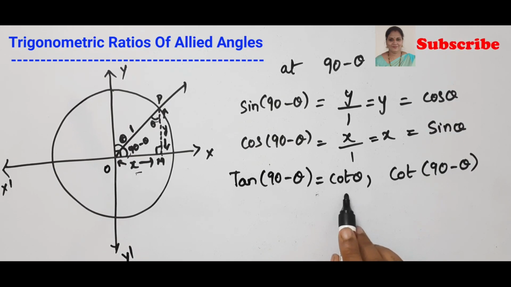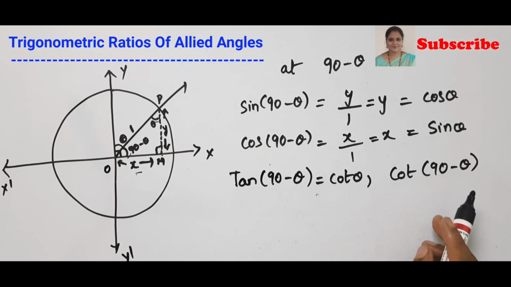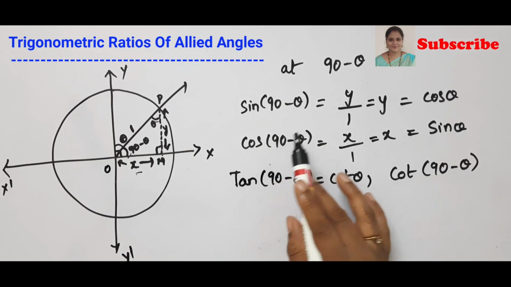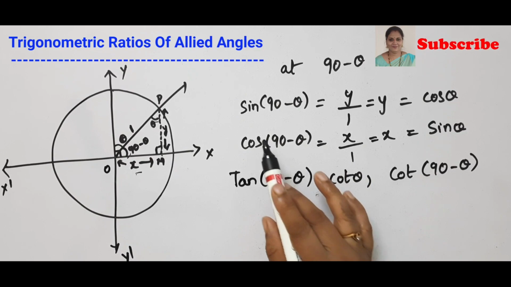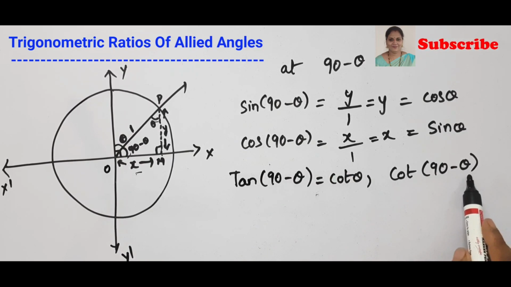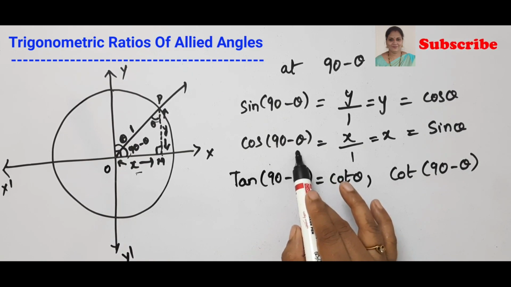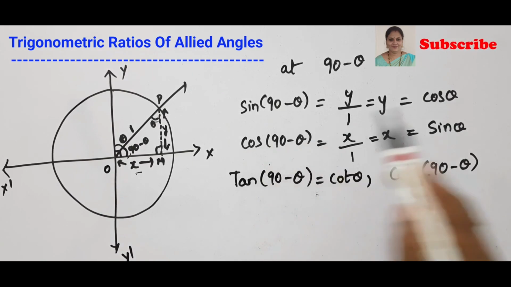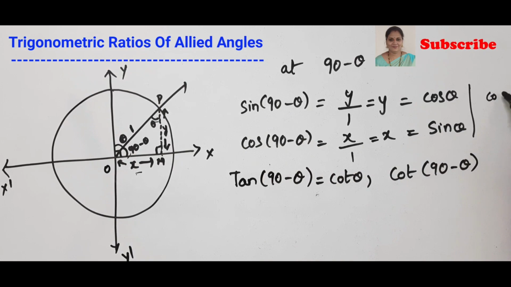We got tan of 90 minus theta as cot theta. Reciprocal of cot theta, 1 by cot theta, is nothing but tan theta, is it not? If not, you can also calculate cot of 90 minus theta from here. That is, cot of 90 minus theta is nothing but cos of 90 minus theta by sin of 90 minus theta, which is tan theta.